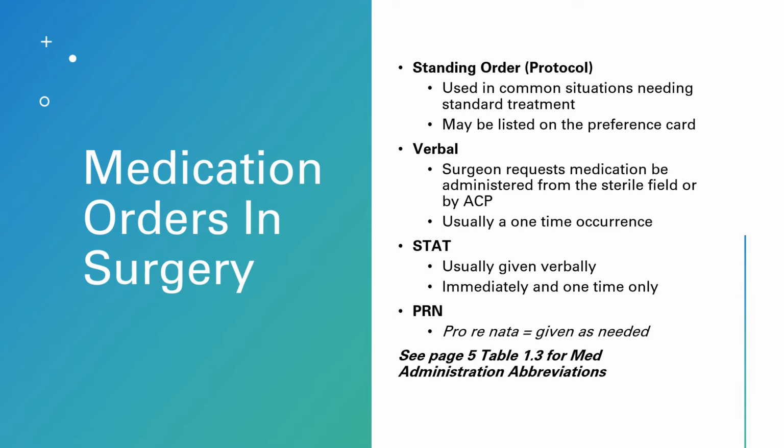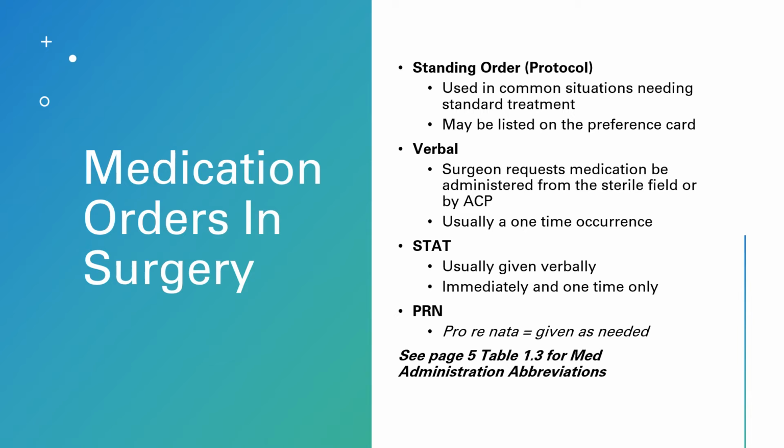And that, like I said, lets us know that that should be on the back table, drawn up, labeled, and ready for use. And then as a scrub, you're going to want to make sure at the end of the surgery that you're letting your circulator know the final amount of the medications used, because that will go into the patient's records, how much meds we've given.